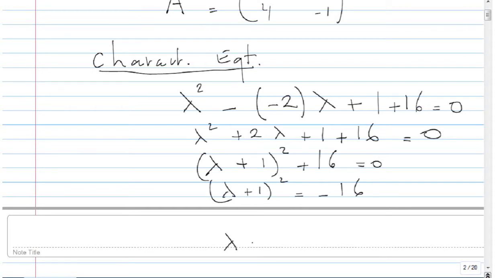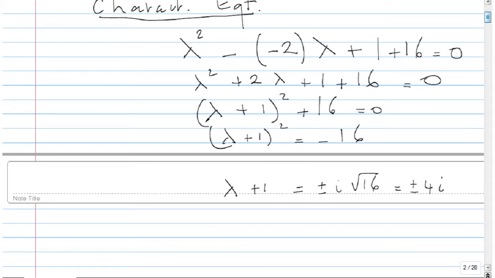Lambda plus 1 equals plus or minus i square root of 16, plus or minus 4i. So the roots are minus 1 plus or minus 4i. Again, this is just playing a little bit with algebra, so I use some algebra here.